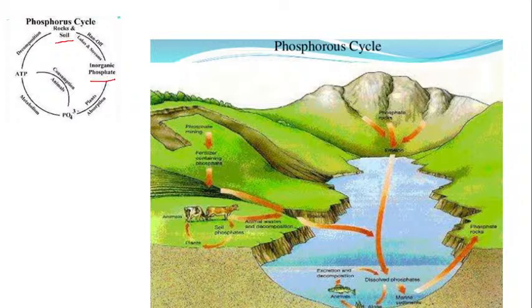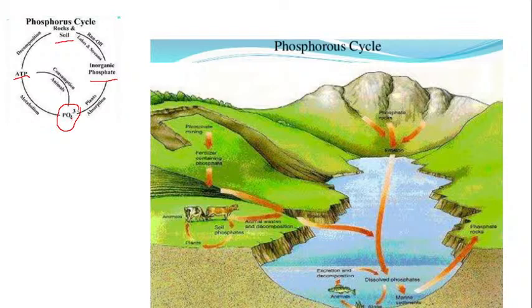Inorganic phosphate is absorbed by plants and used for metabolism, and this phosphate is a part of NADPH and ATP. Inorganic phosphate is also needed for ATP, the energy rich molecule. So once plants get phosphate, plants use it for ATP synthesis.